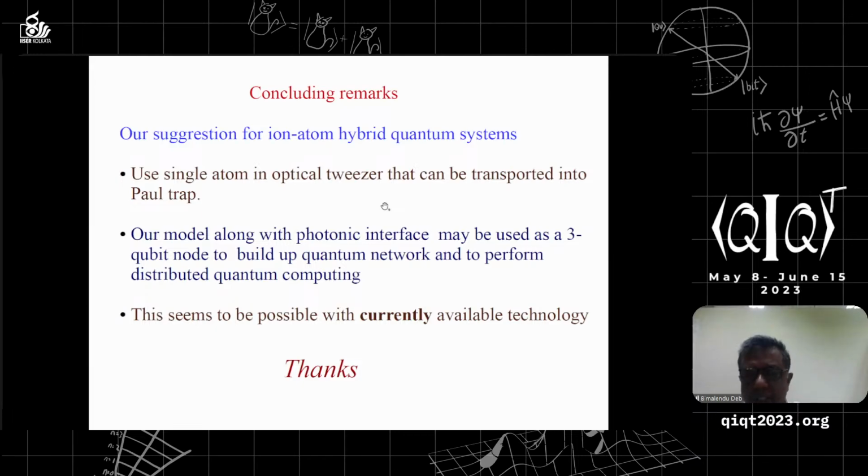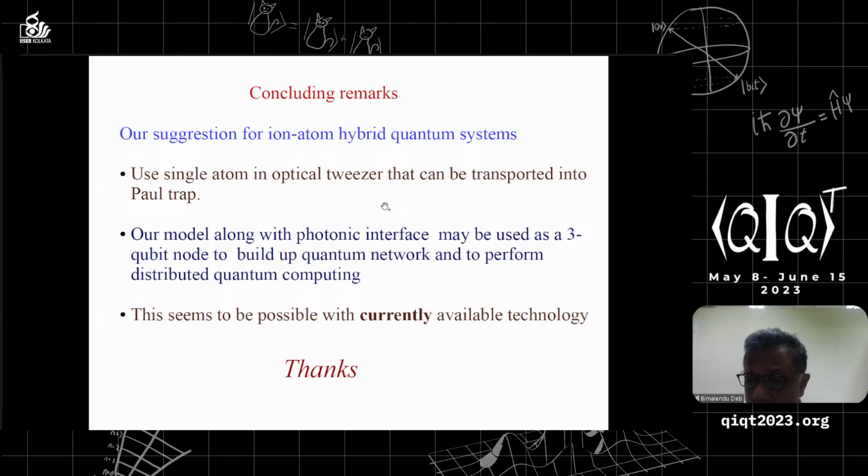And perhaps then one can use this as a node for building up a quantum network. Then one can do 2-qubit gate operations between the atoms, and the gate operation will be faster, because one has to couple the ground state.